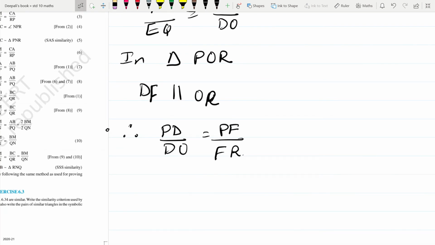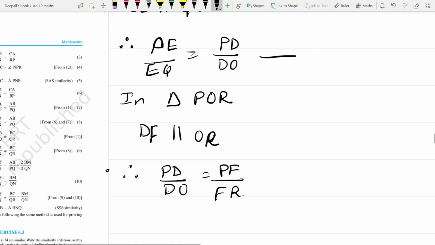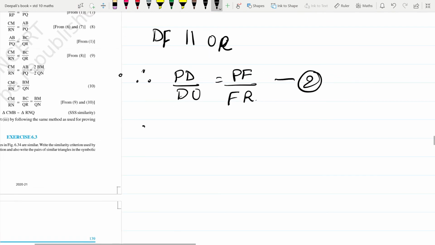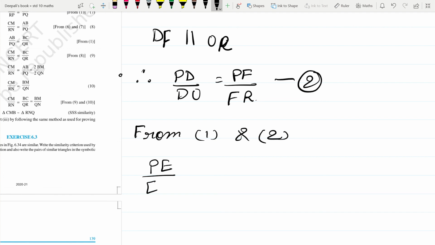Now from result 1 and 2, we have PE upon EQ is equal to PF upon FR.